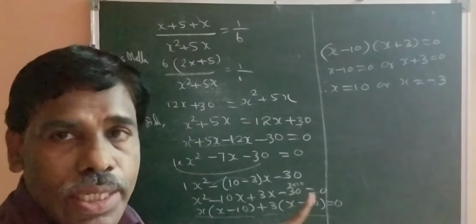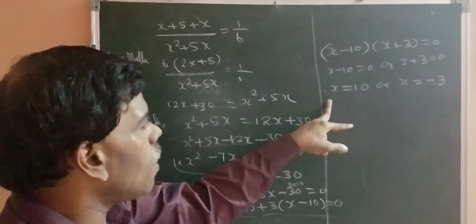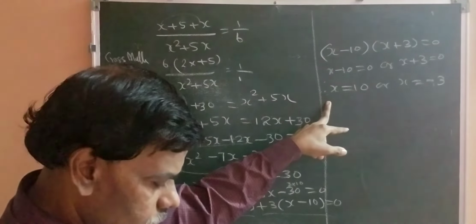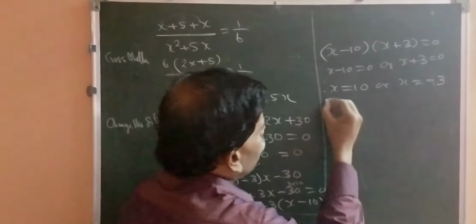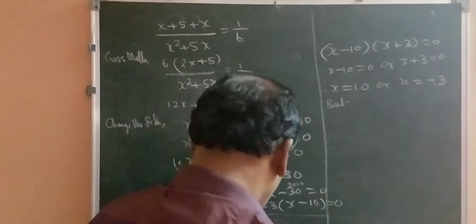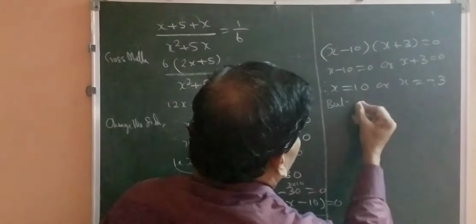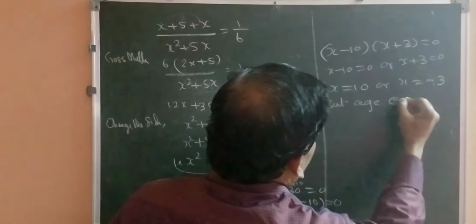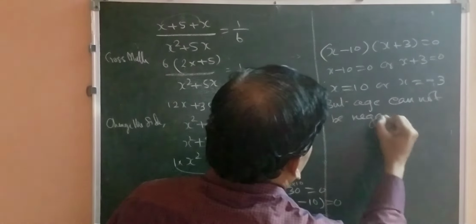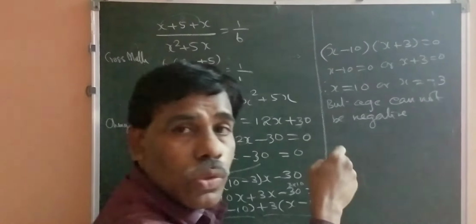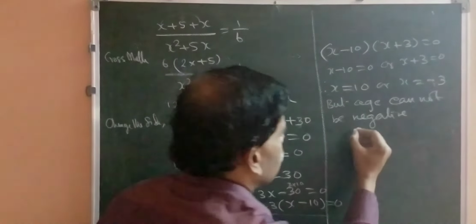But what is x actually? You have assumed x is the age of Kishore, but age cannot be negative. So what is the value of x? 10.